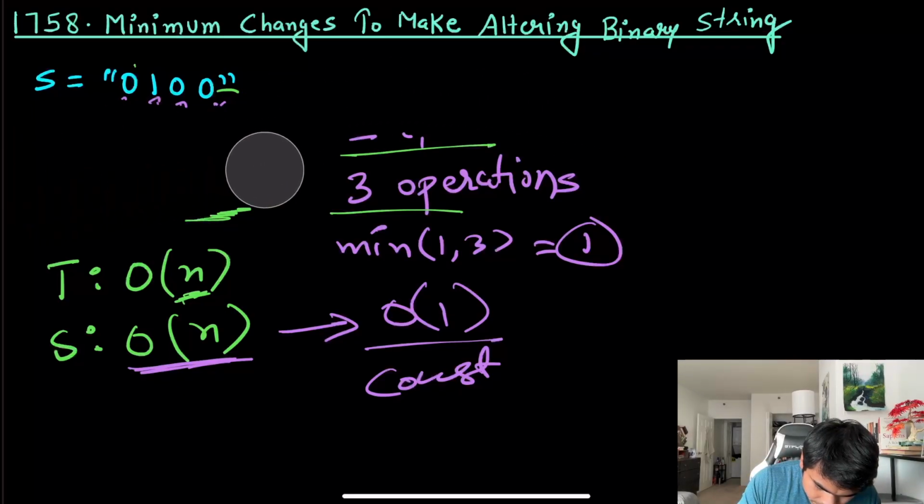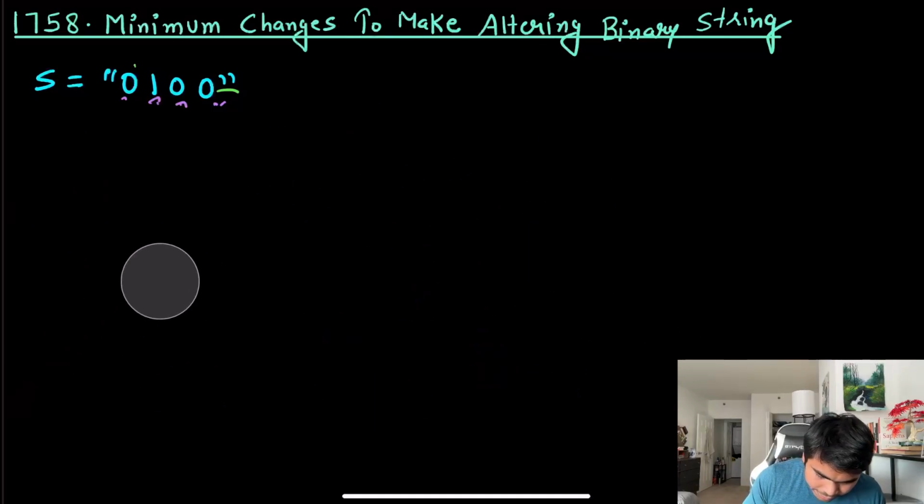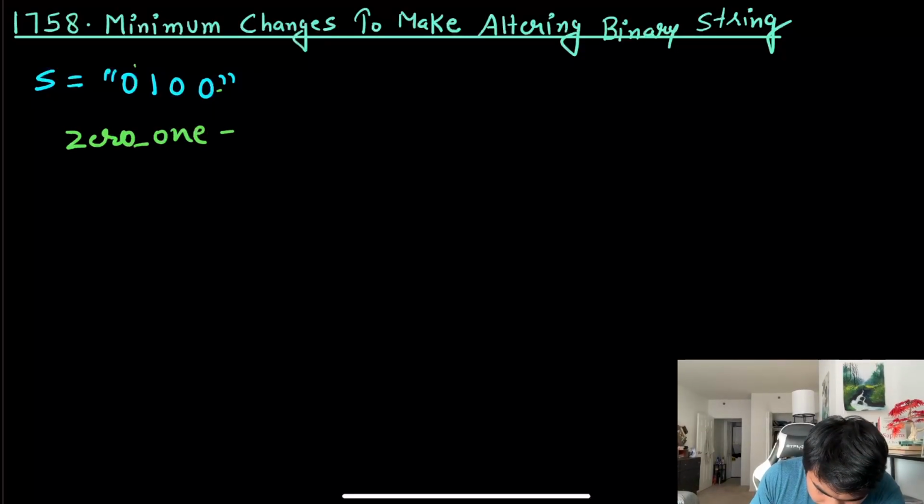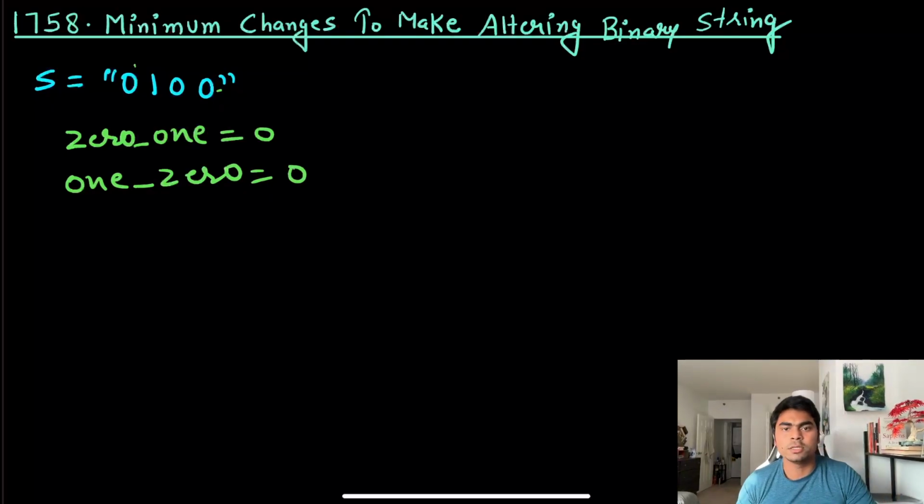Okay, so to make it a better solution, I will maintain two variables. The first variable is going to be, let's say, 0 1 0 1. Initially it's 0, and 1 0 1 0, initially it's also going to be 0.